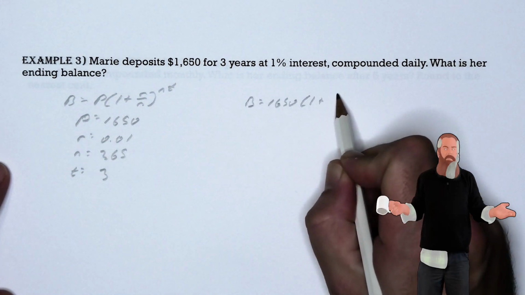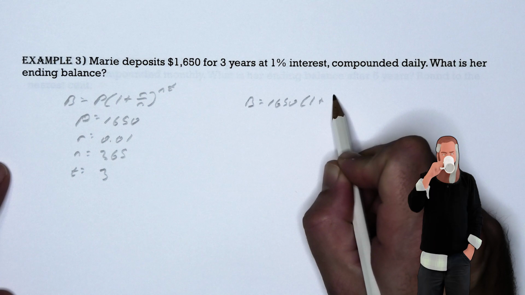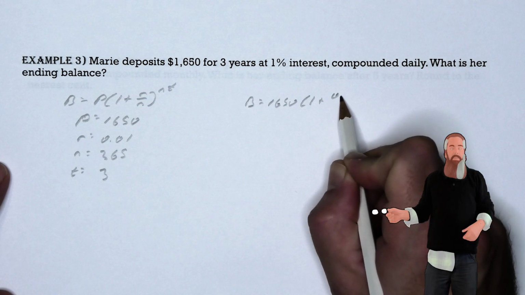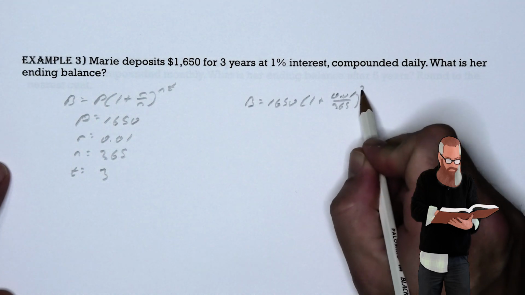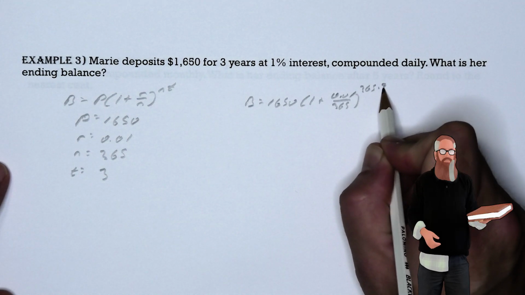So the formula will read B is equal to 1650 times 1 plus 0.01 over 365 to the 365 times 3 power.